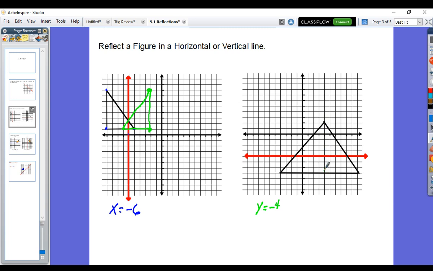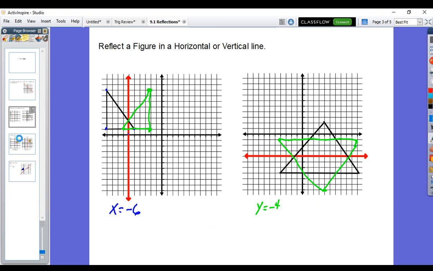This point right here is 1, 2, 3 units below, so we're going to go 3 units above. And same thing right here, it's 3 units below, so we go 3 units up. Boom, boom, and straight across. We have a reflected version of the exact same triangle right there.